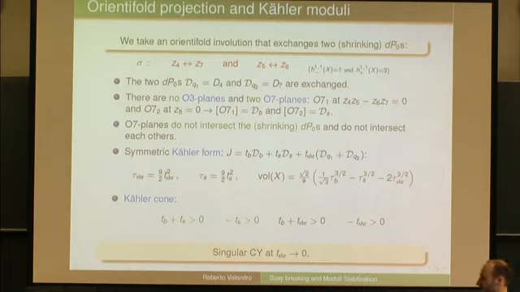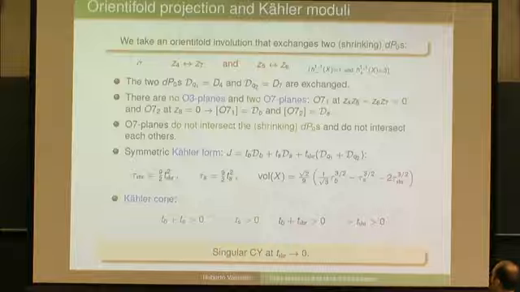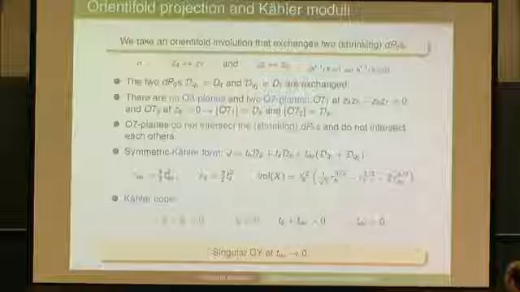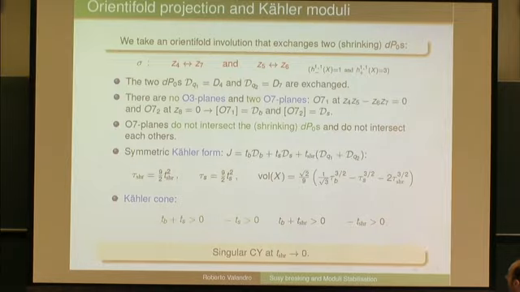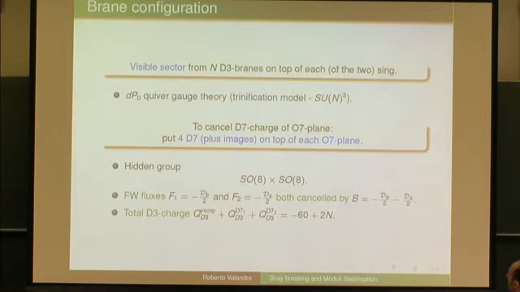These are exchanged by the orientifold involution, so the physical sector is just one D3 brane singularity. The singularity was actually C3 mod Z3. You can also see where the planes are, and these actually were not touching the singularity. And so the visible sector in this case was realized by a trinification model.